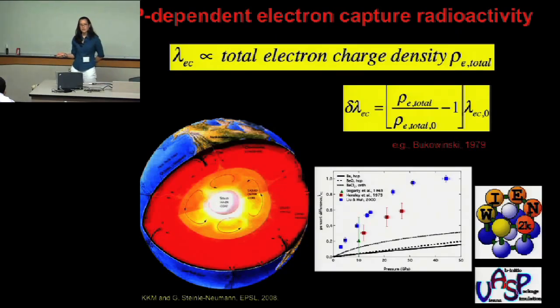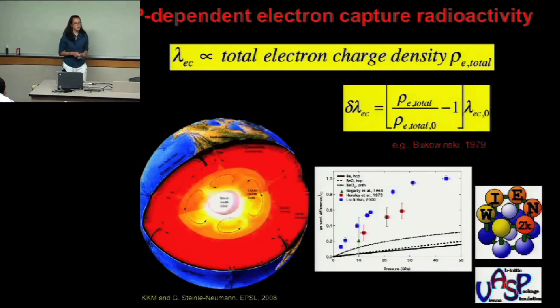So the higher the pressure that we go, the larger the perturbation in the decay constant that is actually measured. Now, as I mentioned, for beryllium-7, this can be measured in the lab.